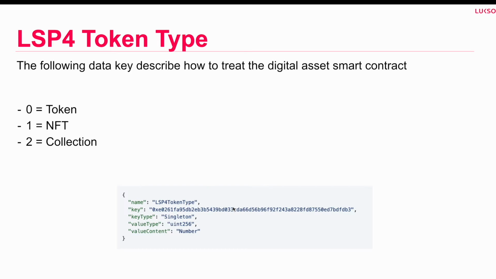So there are three types that we can define. We can define either a token, or an NFT, or a collection. A token will mean that each item has the same value as another. An NFT will mean that each item is unique with its own design, and a collection will mean that it's a group of NFTs.